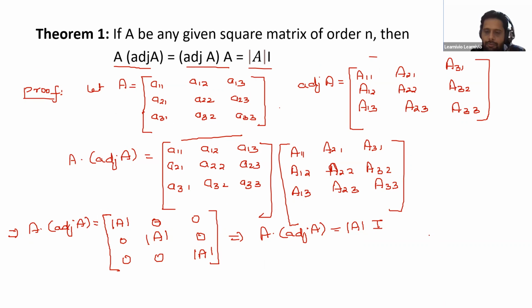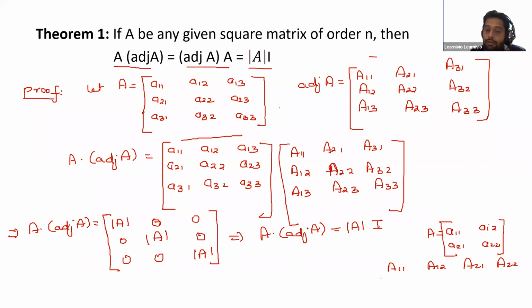Okay, please remember this. Suppose you have a matrix 1, 2, 3, 4, or we can say A11, A12, A21, A22. First of all, you need to find the cofactors. You already know how to find the cofactor of the elements.